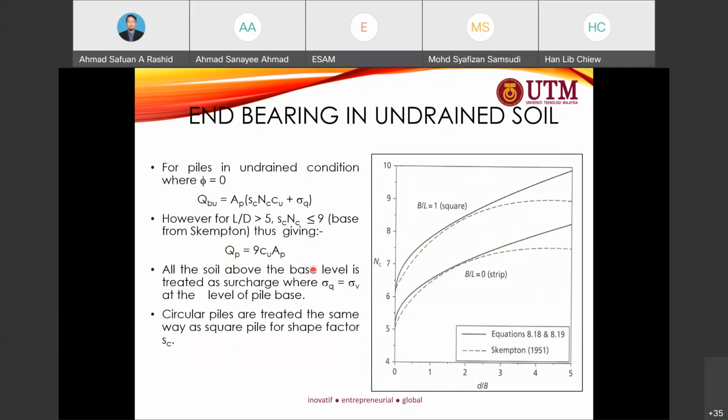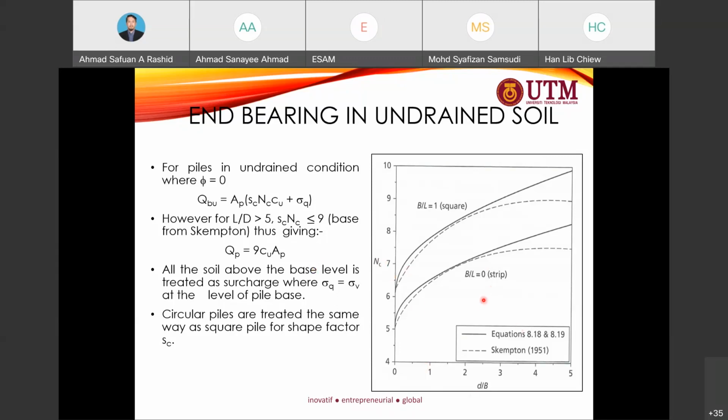For the undrained condition, we refer to clay, while for the drained condition we refer to sand. So for a pile in undrained condition, where phi is equal to 0, QB is equal to AP times NC and SC and Cu plus sigma Q. To get the NC value, we may refer to this chart.